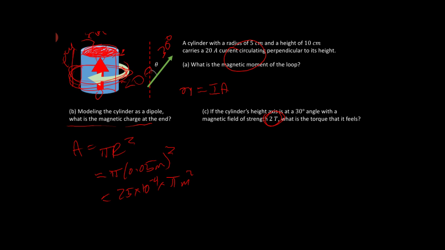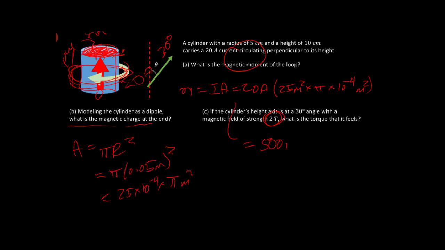All right, so that means I, which is 20 amps, times A, which is 25 times pi times 10 to the minus 4 meters squared, is then equal to 20 times 25, what is it, 500? 2 is 50, yeah, 500.